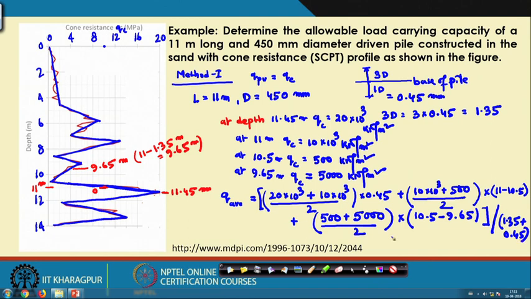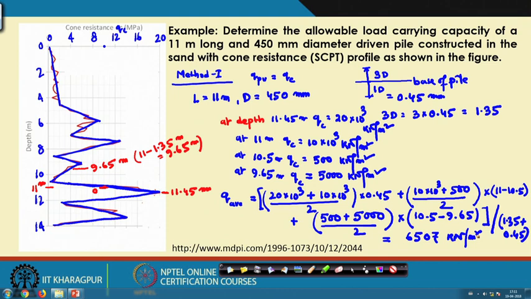So, we will get the final value of QC average, or this weighted average, as 6507 kilonewton per meter square. So, this is the QC average of that zone using the first method.